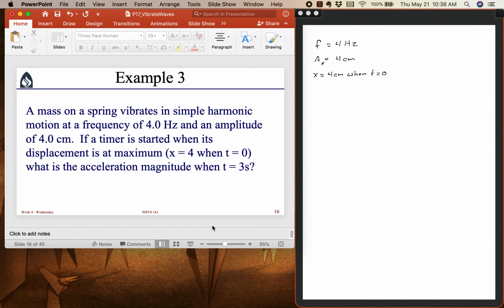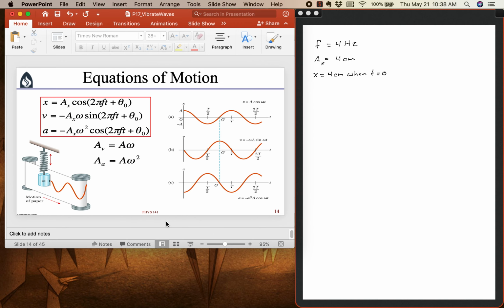So if we write down our expression for the acceleration, we see from the previous slide that acceleration, the thing we want to find, is equal to the negative of a sub x times omega squared times cosine of 2 pi times frequency times time plus the initial angle, the starting angle.